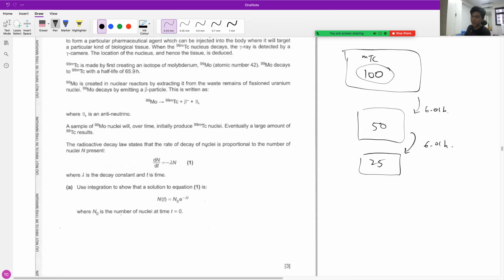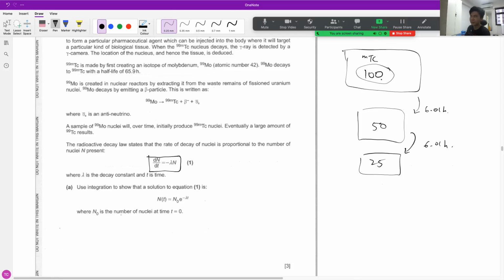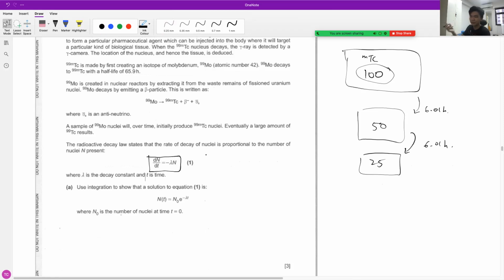So this is the law for radioactive decay. This law over here is a differential equation, as you may know, and N represents the number of nuclei, like in this case 100, the number of that substance that you have. So dN/dt is how this substance changes with respect to time, as N is a function of time.